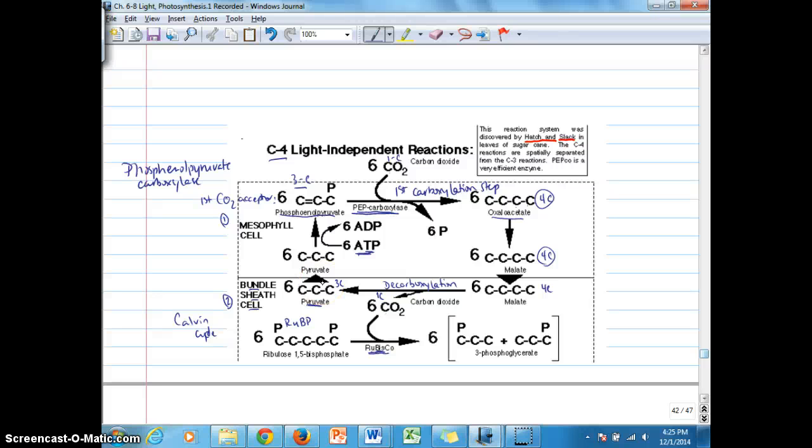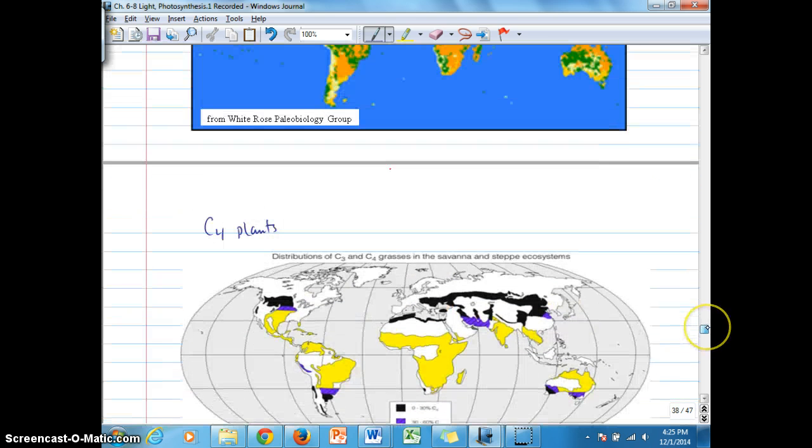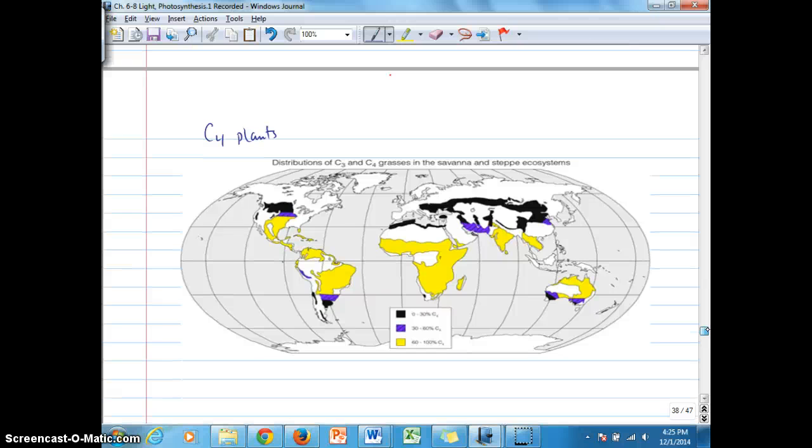So in the first video of this chapter 15, we were introducing the concepts behind C4 and CAM photosynthesis. These plants, as we talked about, are restricted. C4 plants are restricted to semi-arid habitats where there's summer rainfall, and these are the grasses, corn, and sugarcane.